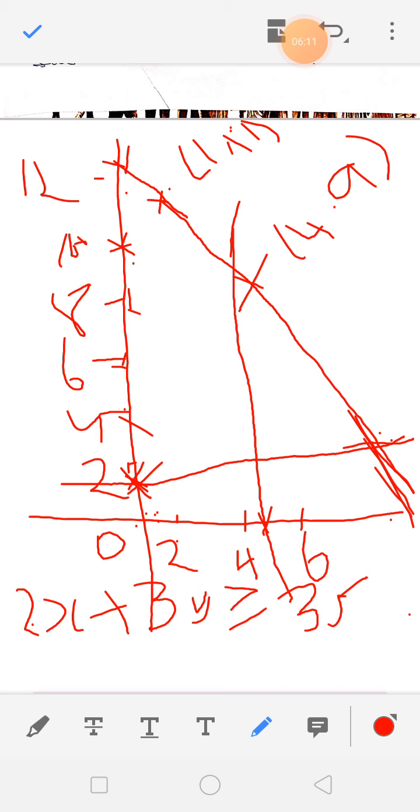So where is this line? This is the 2x plus 3y greater than or equal to 35 line, correct? So here 12. Before 11 we have a point. So before 11 I can take 0 comma 10, 0 comma 8, 0 comma 6, 0 comma 4, 0 comma 2, and so on, whatever you want. I take 0 comma 0, the very smallest. If you substitute 0 comma 0 in the x place and y place, what will you get? 0 plus 0, so 0 greater than or equal to 35. Is it correct?